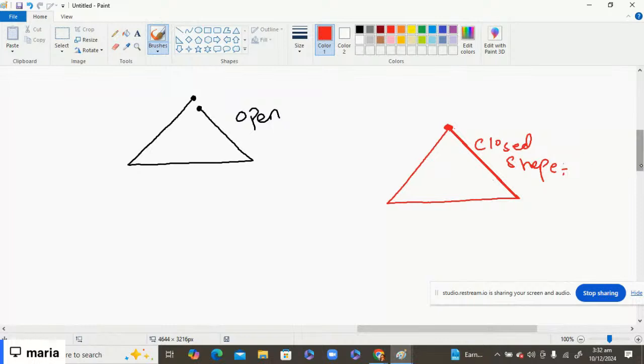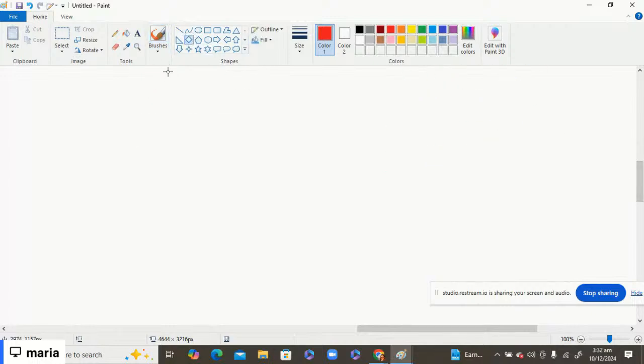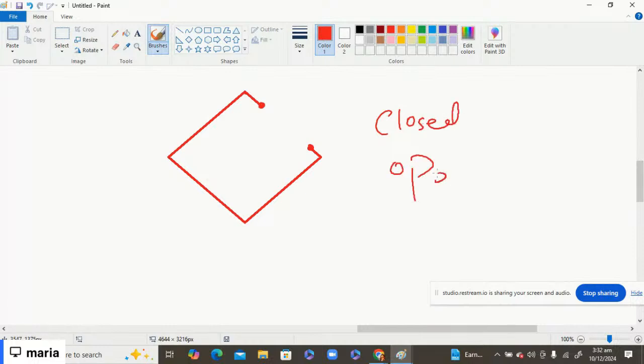For example, if I'm going to draw this shape and I'm going to say that I am going to start at this point, then moving like this way, and this, and then end up at here. Is this closed or open?